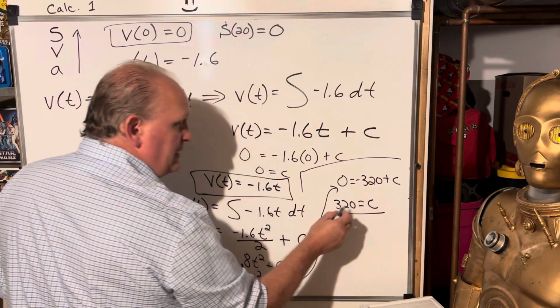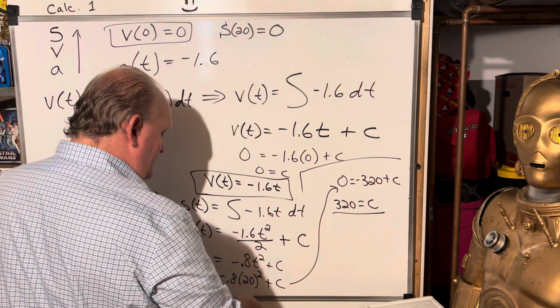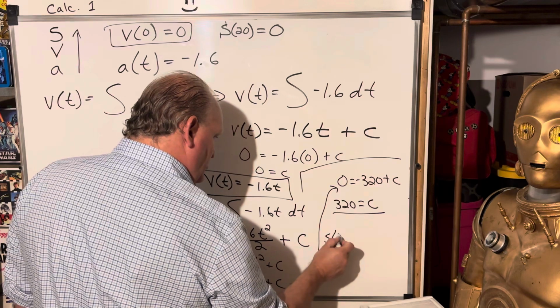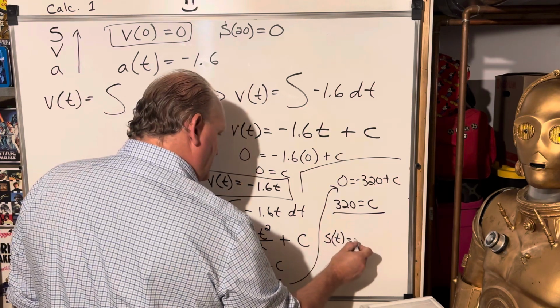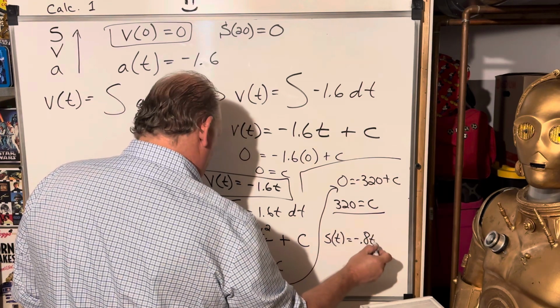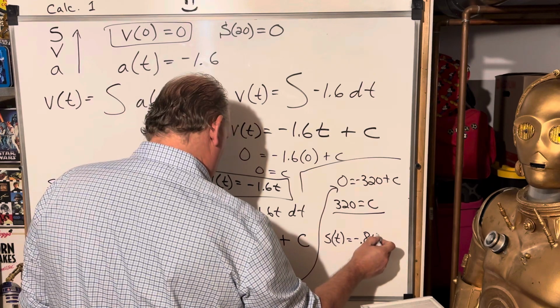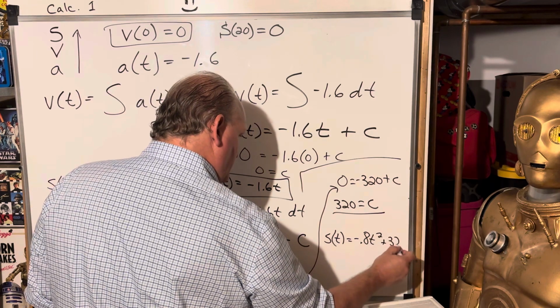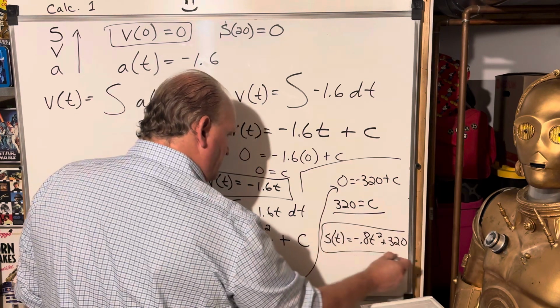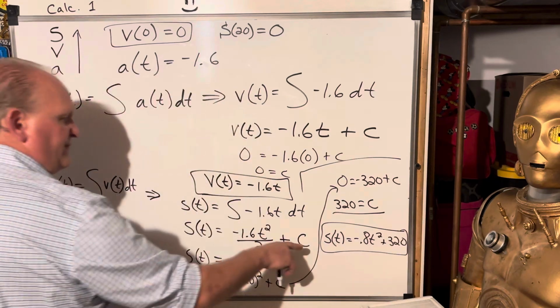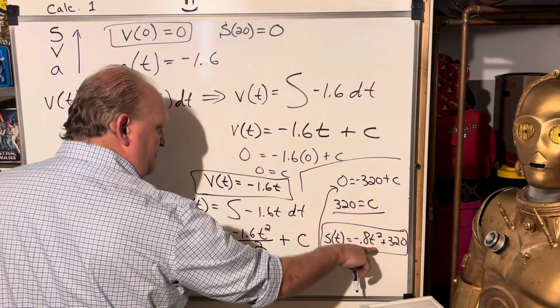All right, and now we have this function, but we're not going to really need this. I still just want to write it out. There we go. So that's our function for the rock at any point in time.